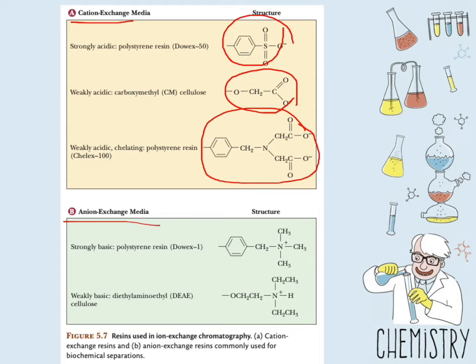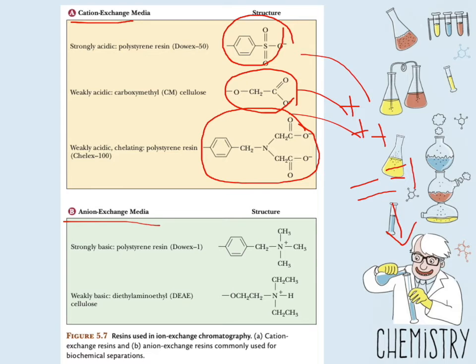So if this cation exchanger were being used in a column, all of the positively charged samples will be attracted to it, and the negatively charged samples will be able to go through the chromatographic column, while an anion exchanger is positively charged and attracts negatively charged anions.